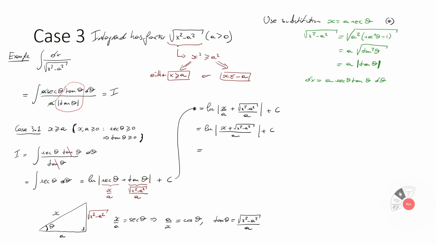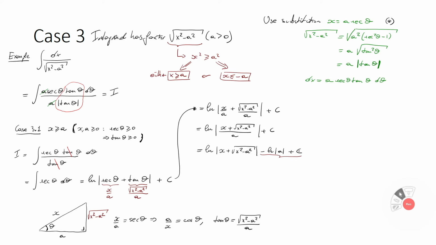And now the logarithm of a fraction is the logarithm of the numerator minus the logarithm of the denominator. So ln of x plus the square root of x squared minus a squared, minus the logarithm of the absolute value of a, plus c.